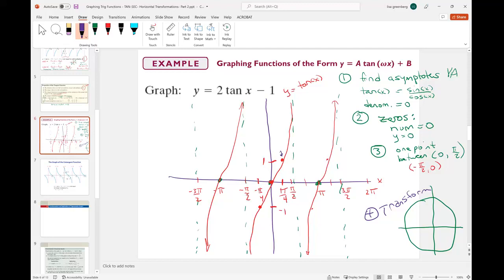To multiply by 2, all I really have to do is change these values to 2 and negative 2. And then down 1 basically just moves these points down 1. It'll look pretty much the same everywhere, except it'll still go to the asymptotes. That's kind of what we're doing.